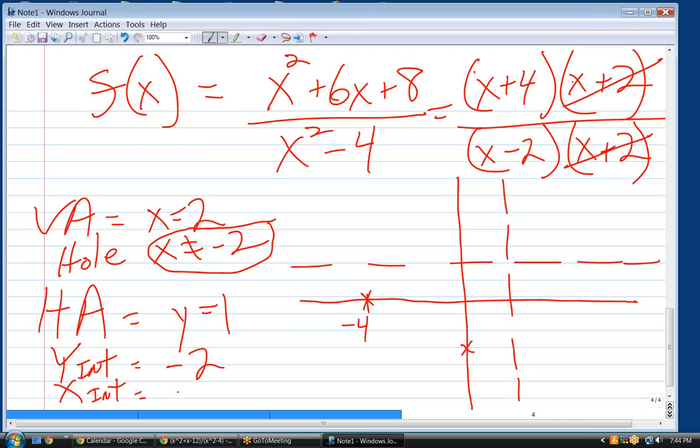But the only x-intercept is minus 4. Now, let's determine whether or not it crosses that horizontal asymptote. How do I do that? You set it equal to 1. So I want that to be equal to 1. Is it? X plus 4 equals x minus 2. Does that have a solution?